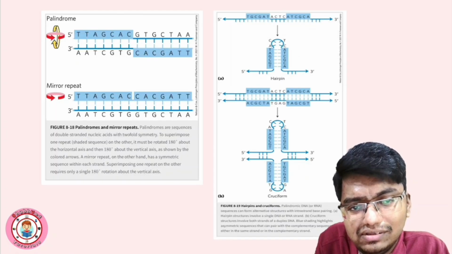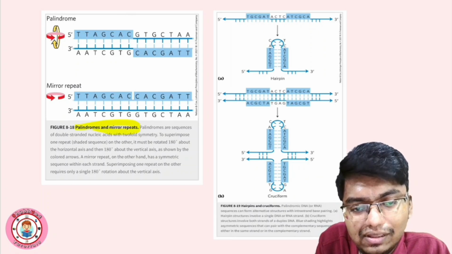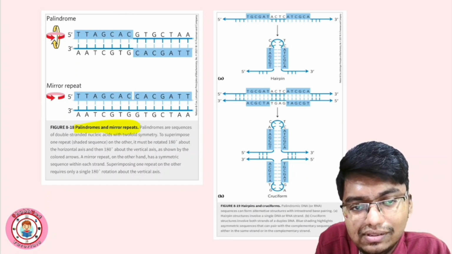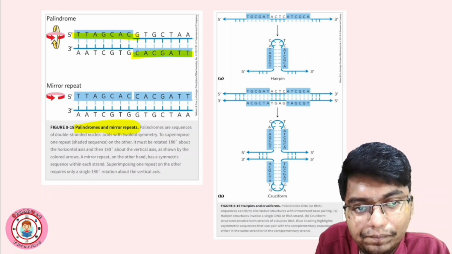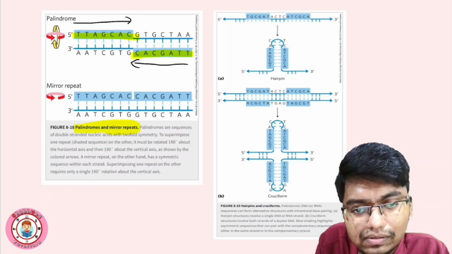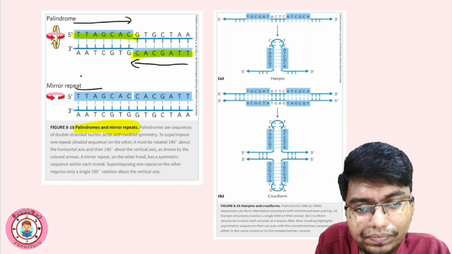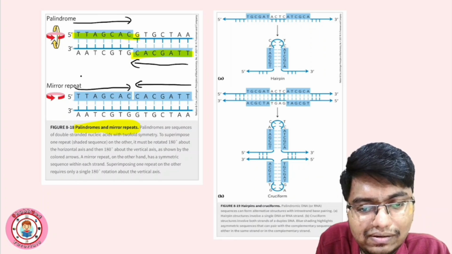Now here is a structure showing how we see palindromes and mirror repeats. A palindrome is a mirror image. Okay, same. See, TTAG, CAC, the same reading from here also. The direction from here is the same, and that is a palindrome. In a mirror repeat, the repeat is on the same side, not on the opposite side.